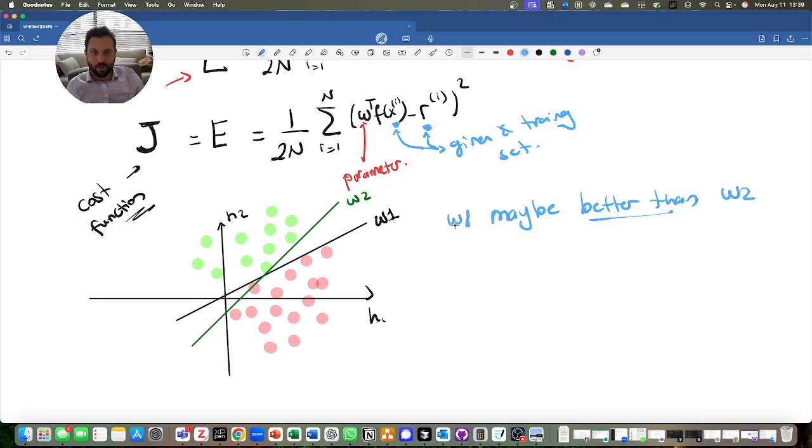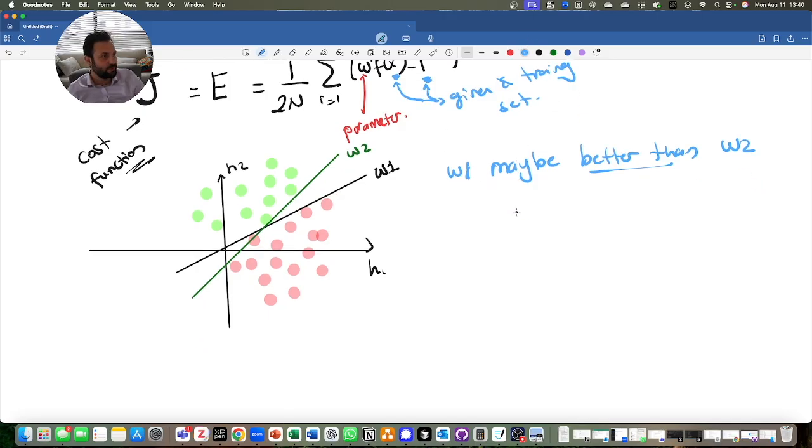So my goal is to find such a W for which I can say it is better than everybody else. That's a difficult problem, because it is going to involve us to see not from this space, but in a space where all of the W's exist.